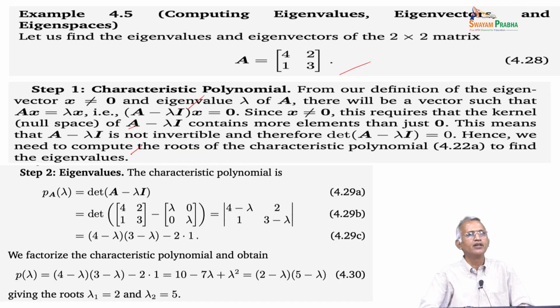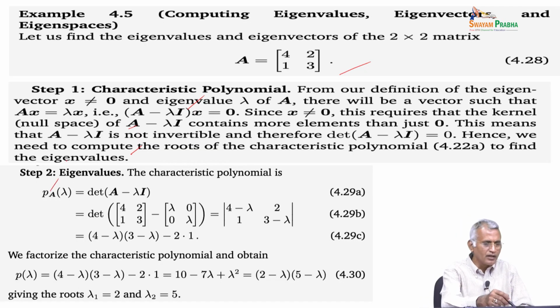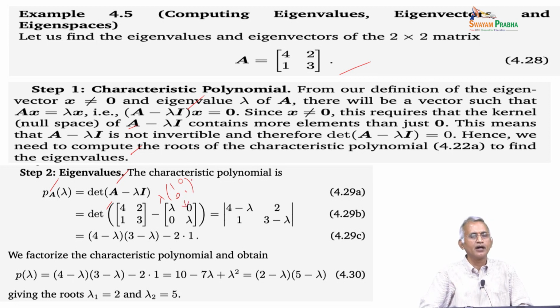How to find eigenvalues? The technique is p of lambda, that is determinant of A minus lambda I, that is the determinant of the given matrix [4, 2; 1, 3] minus lambda into [1, 0; 0, 1]. Multiplying them, we have [lambda, 0; 0, lambda]. Then subtract these two matrices: [4 minus lambda, 2; 1, 3 minus lambda]. Then cross multiply: (4 minus lambda) into (3 minus lambda) minus 2 into 1.